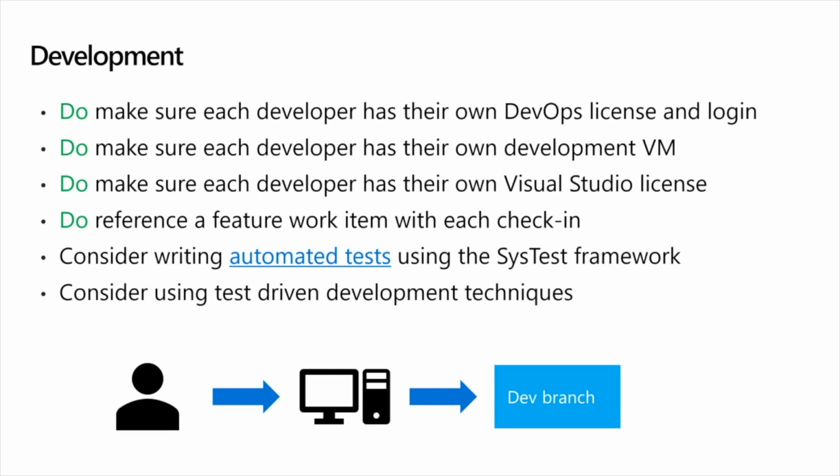Do reference a feature work item with each check-in, and Visual Studio has features to do that, so we recommend using that. Consider writing automated tests using the sys-test framework. These are more of unit tests, and they can be run during the build. Also consider using test-driven development techniques.